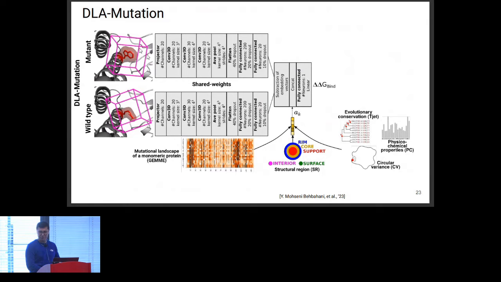One branch is for the mutant and the other branch for the wild type, and the output of this architecture is the change of the binding affinity. In this path, we also use the mutational landscape of a monomeric protein as auxiliary features. In addition to that, we use the structural regions, evolutionary conservation, physicochemical properties, and circular variants of the wild-type amino acid.